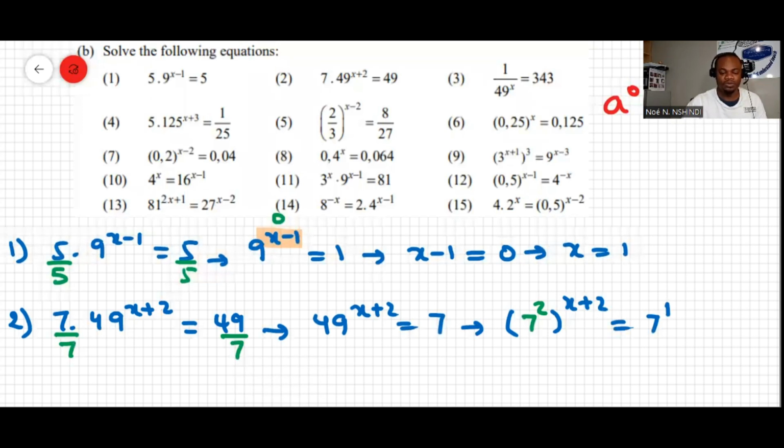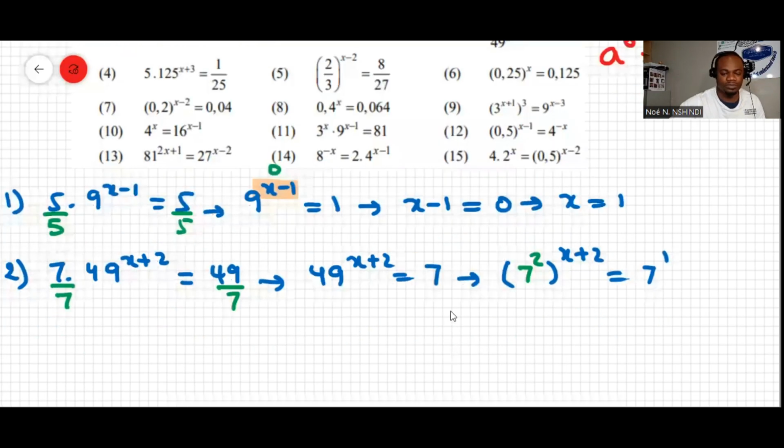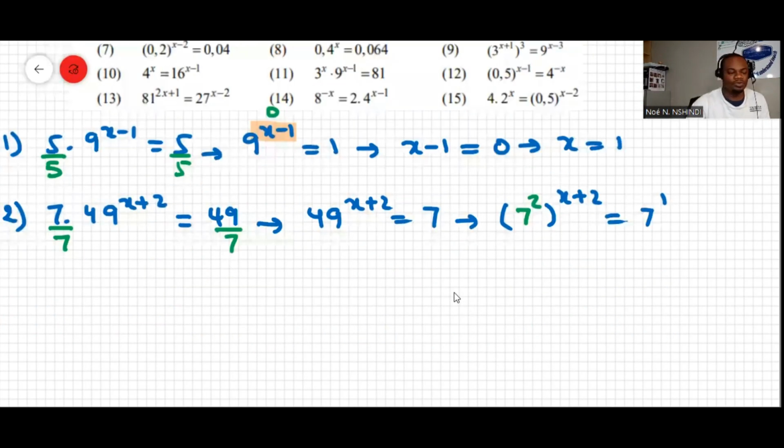Now what we can do is 7 to the power of 2, open bracket x plus 2. Be careful here, it's very important. Usually students will say 2x plus 2, but no, it's 2 open bracket x plus 2, okay, equal to 7 to the power of 1.